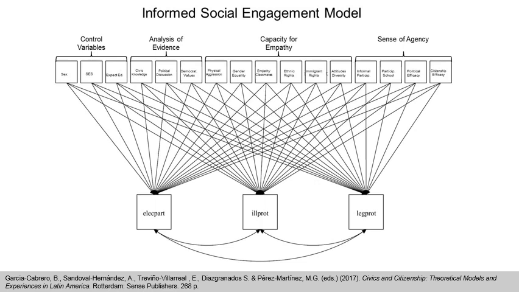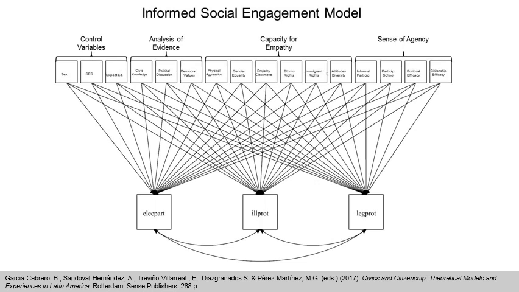There are other examples, like in this case, this is from a study that we did with data from the civics and citizenship education study. And we took a theoretical model that is called the informed social engagement model, that is a theory.